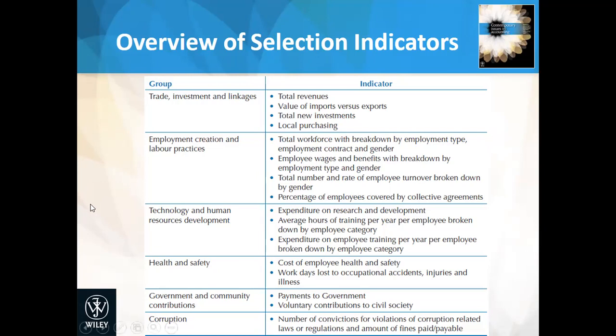That's one group. The second group is employment creation and labor practices. We provide employment opportunities, so we look at the total workforce with breakdown by employment type, employment contract, and gender. Some employment contracts would be probationary, some are regular, and so on.